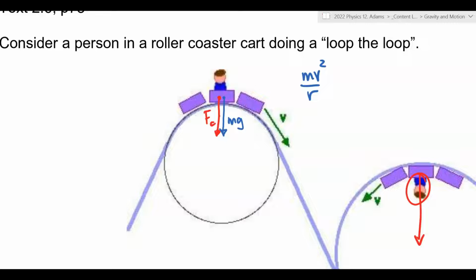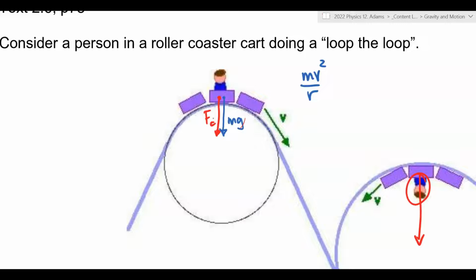In this example, gravity supplies all of our requirements for centripetal force. So in this scenario, our reaction force becomes 0. You feel weightless. And I'll say it again, if gravity, your weight force, can supply all of your centripetal force, there's no reaction force, and that's when you feel weightless.